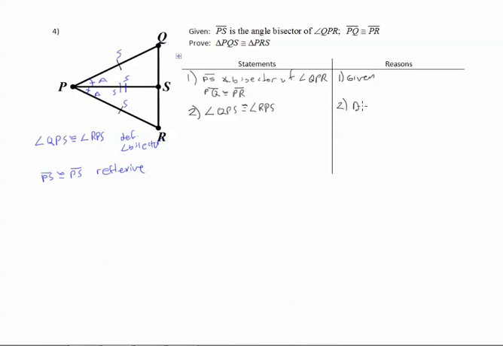So by the definition of angle bisector, we know that these two angles must be congruent. The next step that we came up with was segment PS is congruent to segment PS. We know that because of our reflexive property.